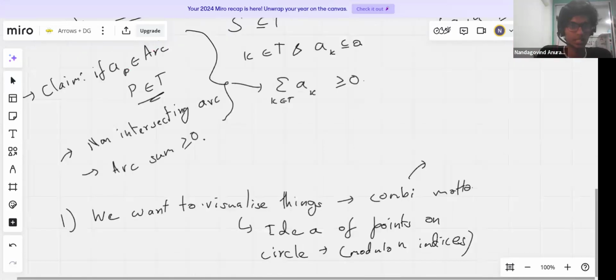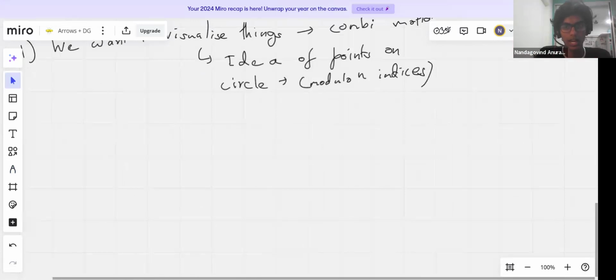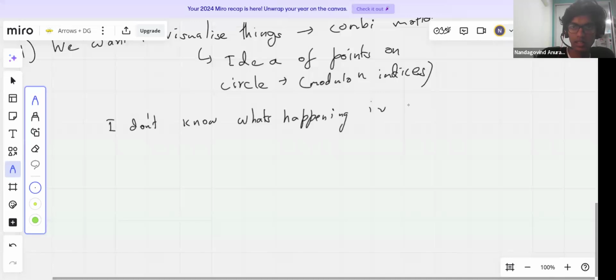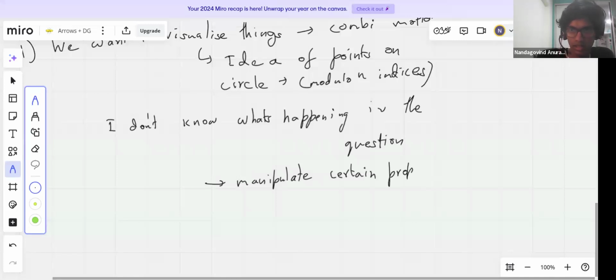I don't know what's happening in the question, so what I'll do is manipulate certain properties and see if I can extract more information.